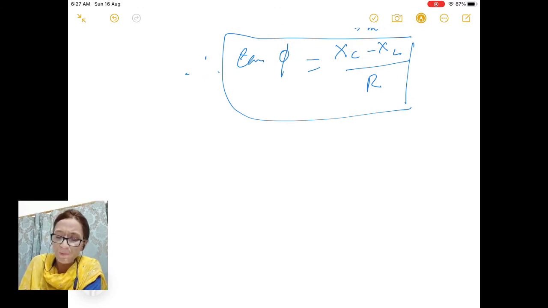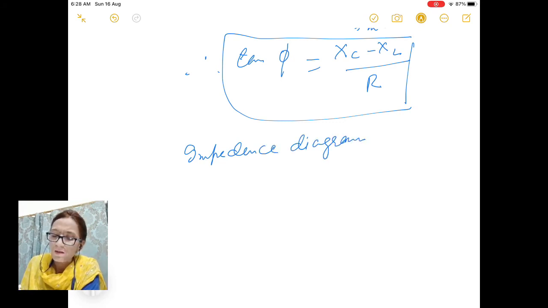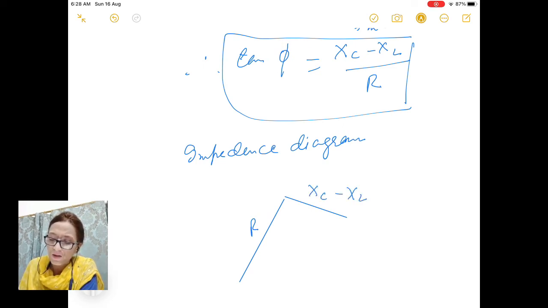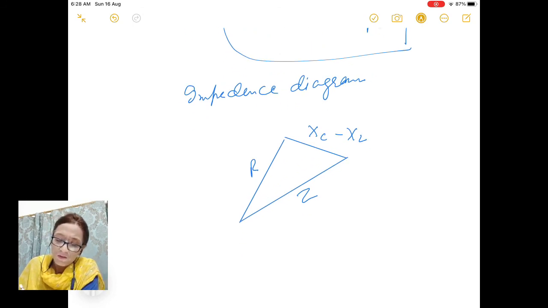Now there is one term, the impedance diagram. If you draw a triangle with R as one side and XC minus XL as another side, then the hypotenuse is given by impedance Z, because R is a vector, XC minus XL is a vector, and the resultant is your impedance.